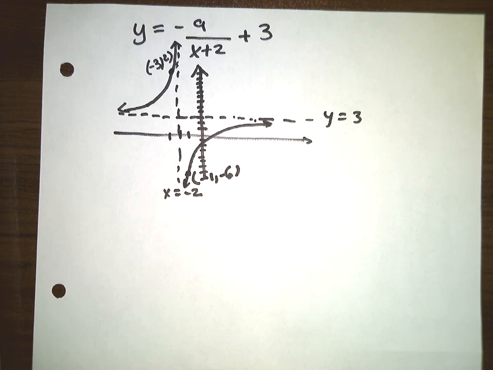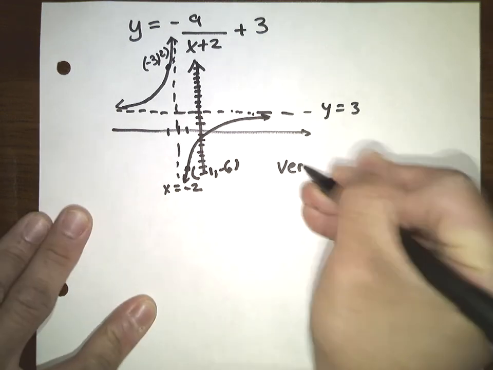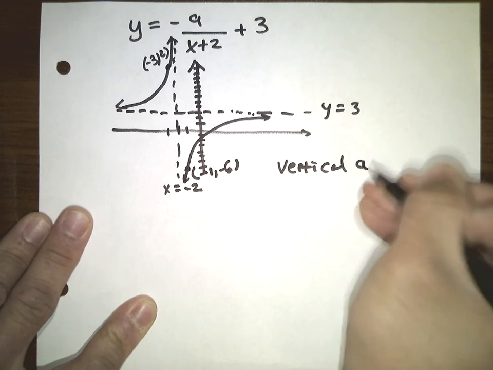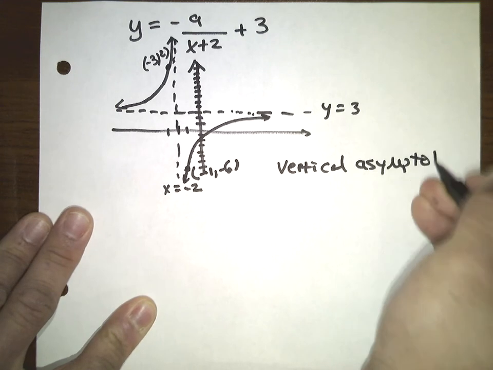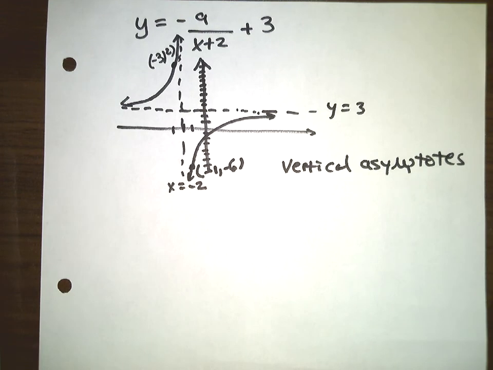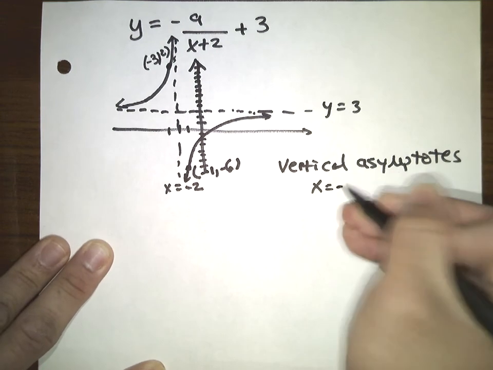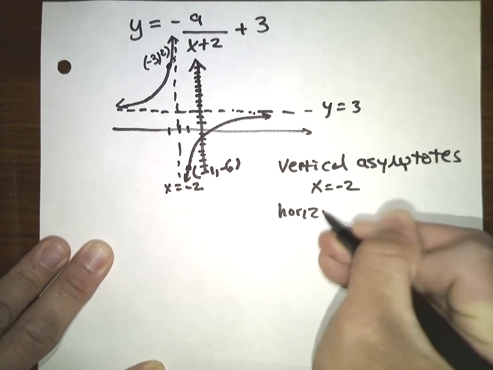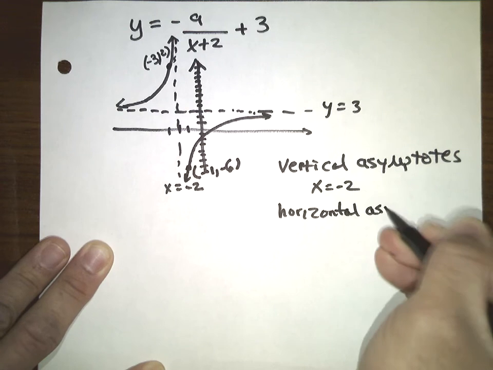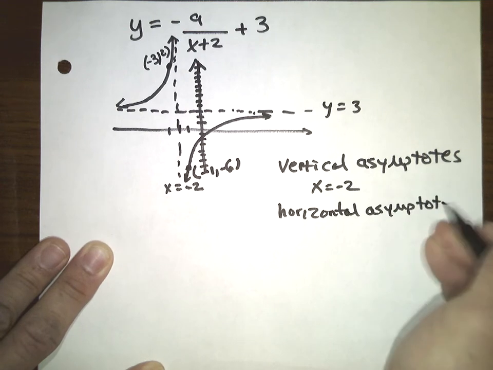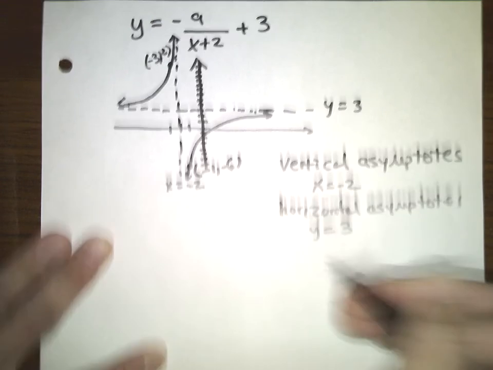But in either case, that means that the vertical asymptotes are... Oof. This is why, by the way, I'm going to point something out to you in a minute, but the vertical asymptote is x equals -2. The horizontal asymptote is going to be y is equal to 3.